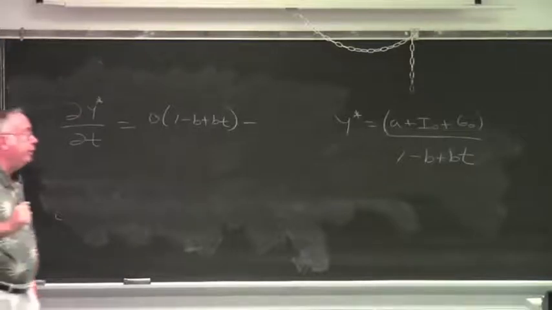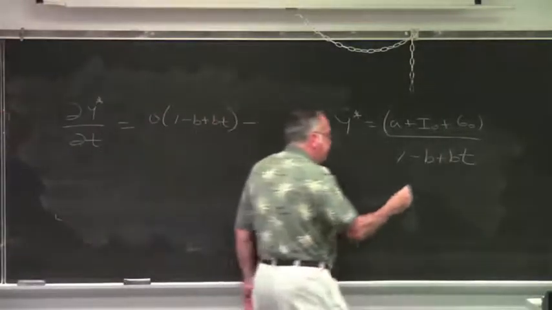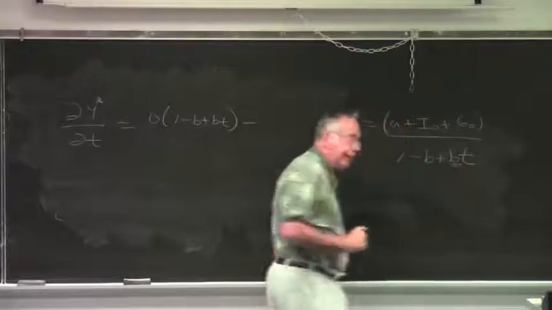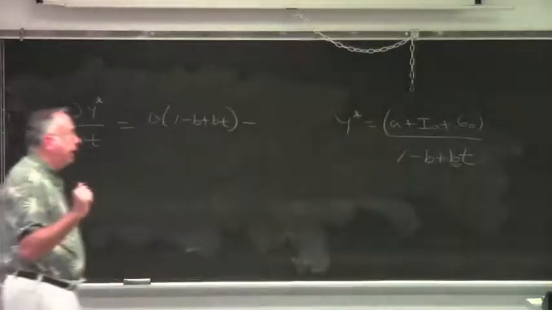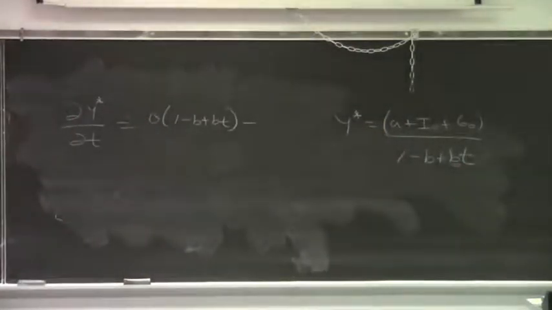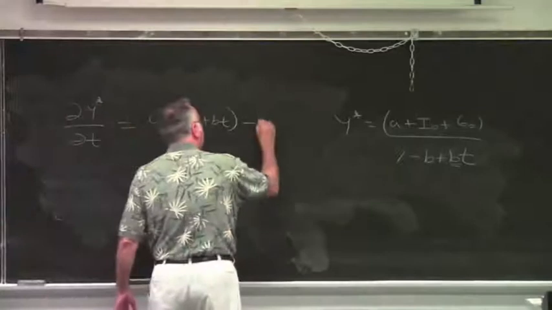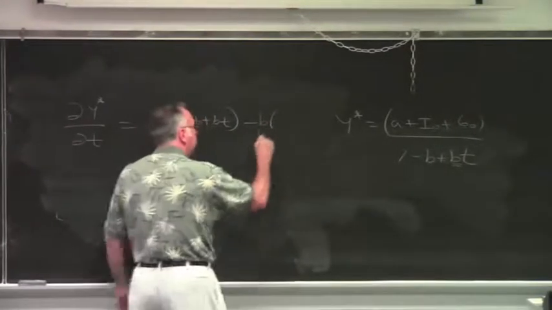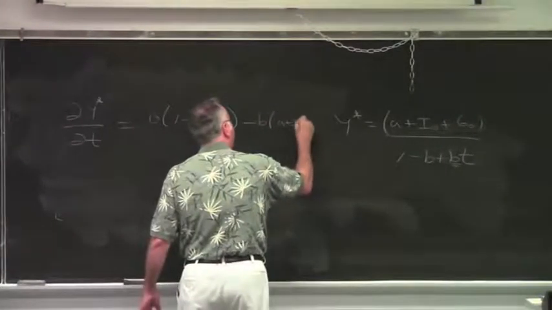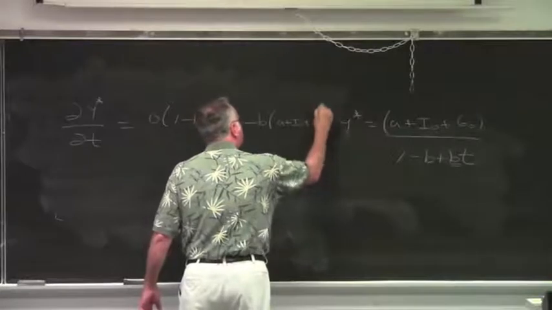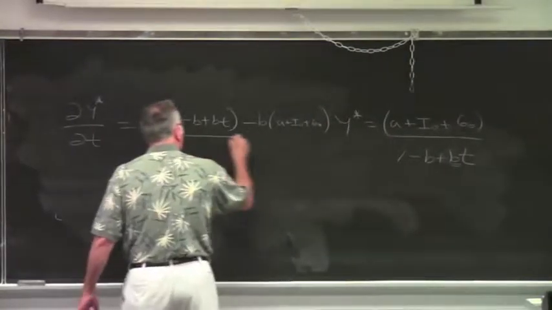It's just b. The coefficient on t, make sure I write the right thing this time. The derivative of that denominator with respect to t is just b. Okay, so it's minus b times, yeah. Exactly. Over the denominator squared.